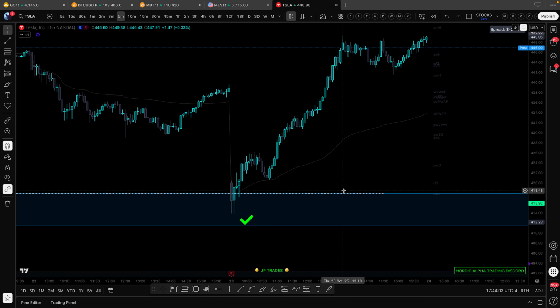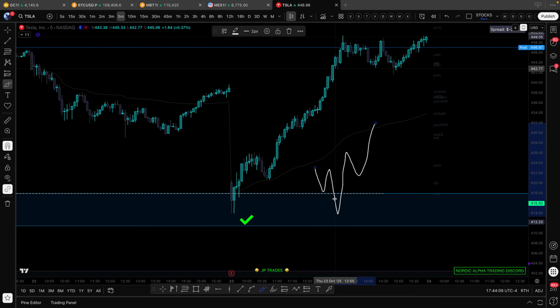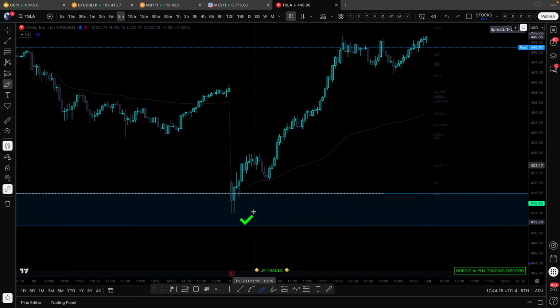And let's get back to the doodle that I always like to draw. This here is what we're looking for if you're going to use market structure for a break and retest. However, that is not the aggressive way to enter.